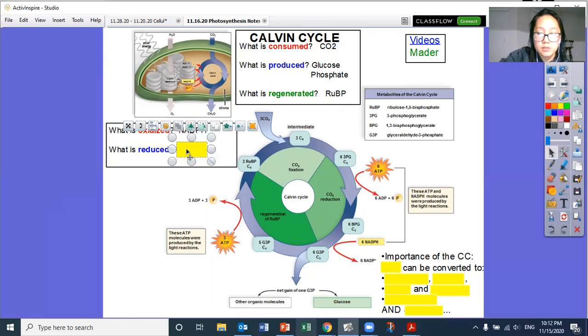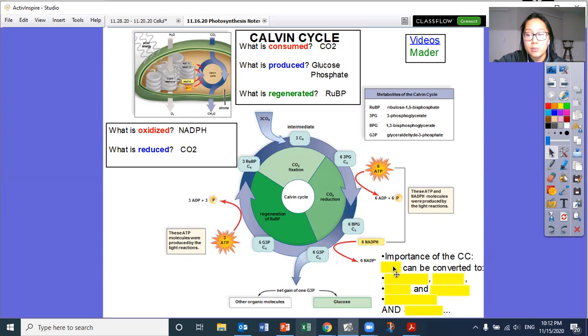What is being reduced? The carbon dioxide. It gets electrons added to it as it goes through the cycle. So the NADPH is losing the electrons, and the G3P, or what used to be carbon dioxide, is gaining those electrons to make that final product.